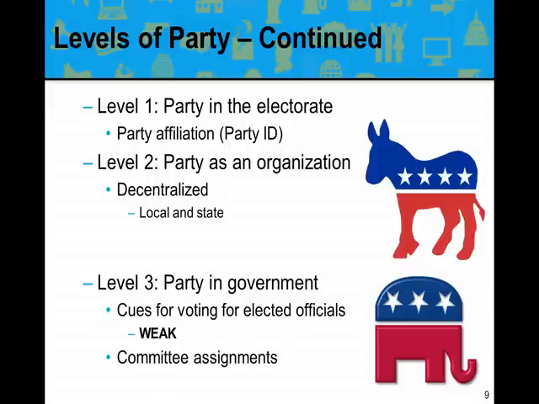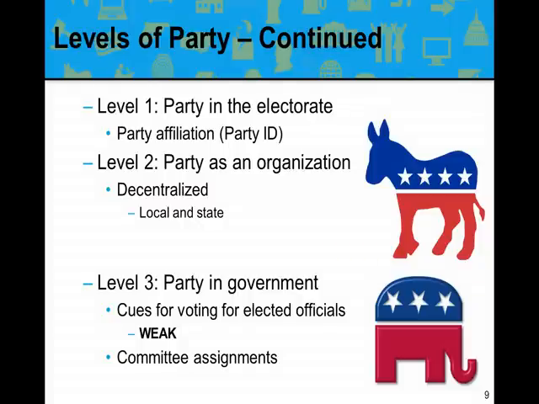But like I said, this is a weak cue for people in office because they don't always have to follow the leadership, because you have some conservative Democrats and some more moderate Republicans who may not vote along party lines. But like a voter, they can't always be well informed on all the issues. And so that's why the party is going to serve as a cue for voting for these elected officials.